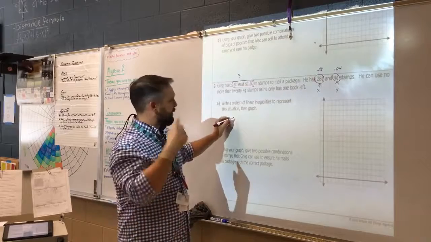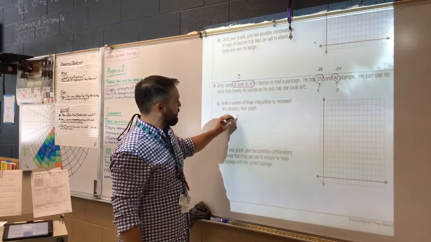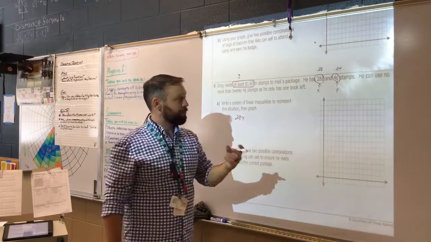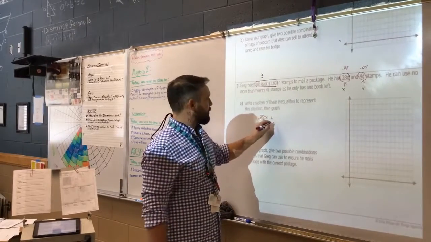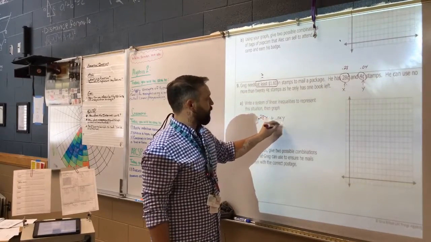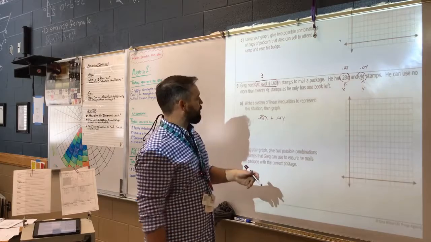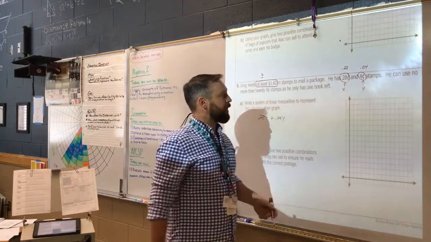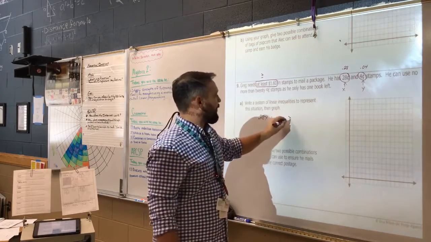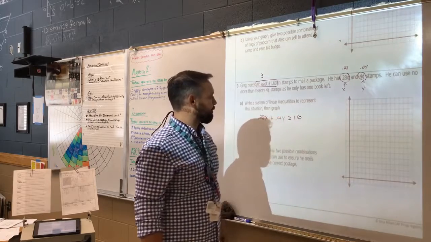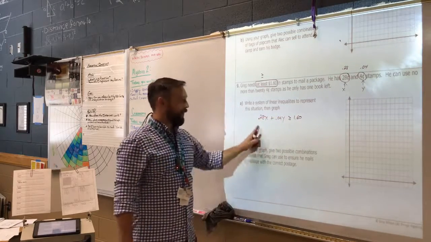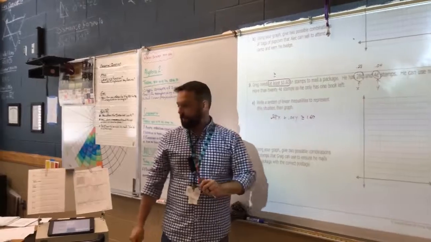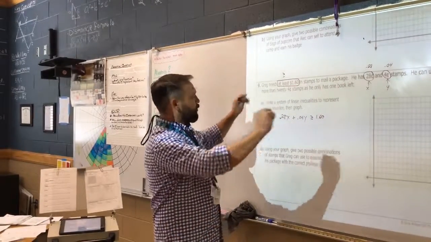I see it like this: 0.28 times the X stamps plus 0.04 times the Y stamps is at least $1.60. So I have an inequality right out of the gate. There's one of them.